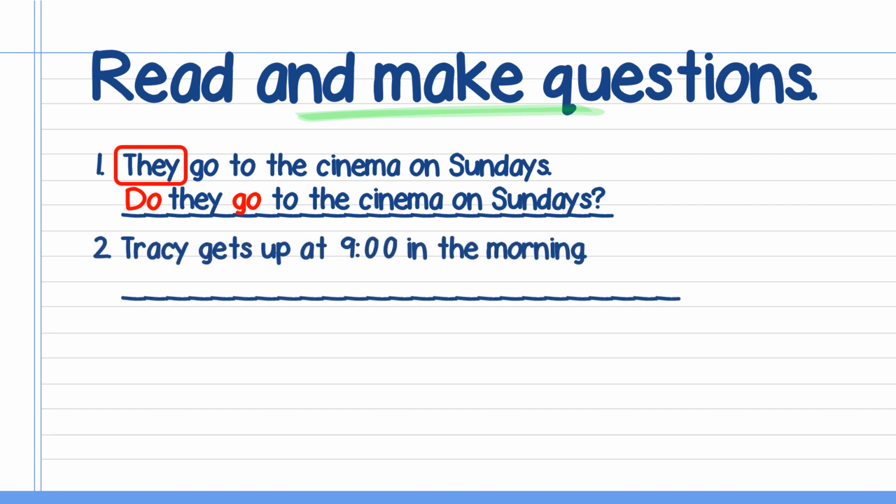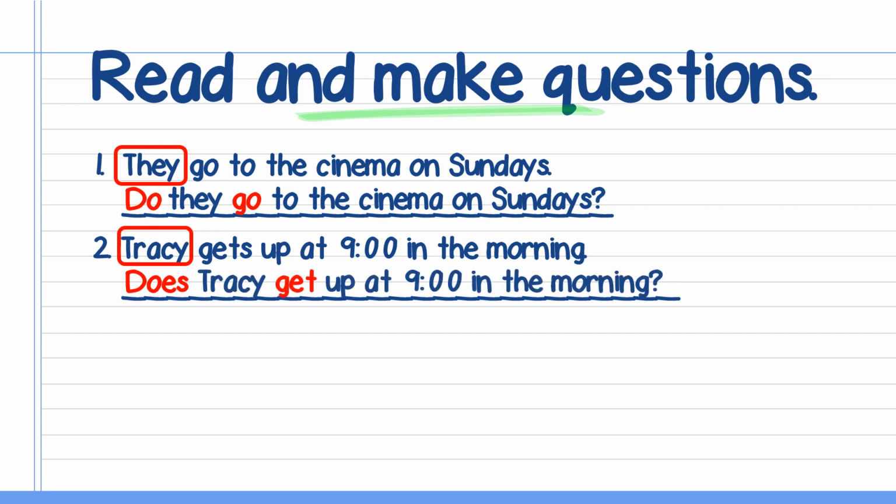Number 2. Tracy gets up at 9 in the morning. The keyword here is Tracy. Tracy is the singular subject, so we use does. Does Tracy get up at 9 in the morning?